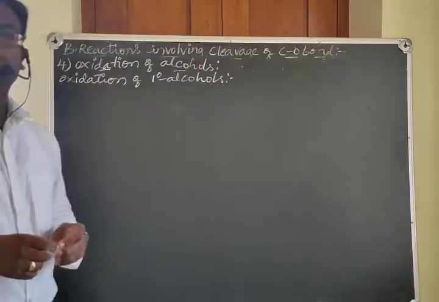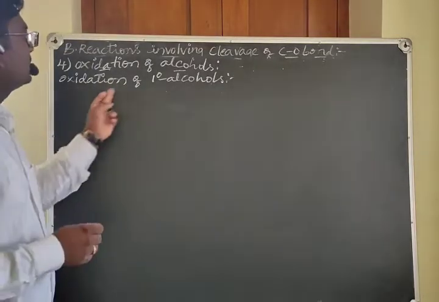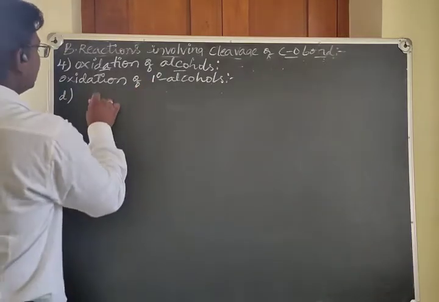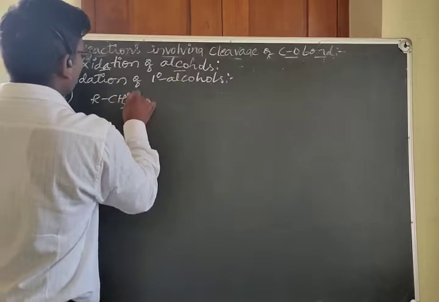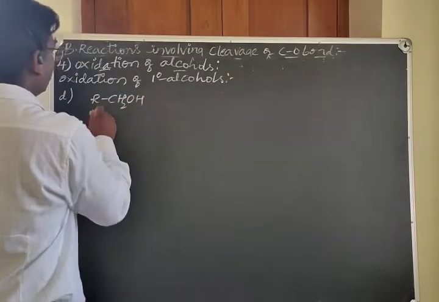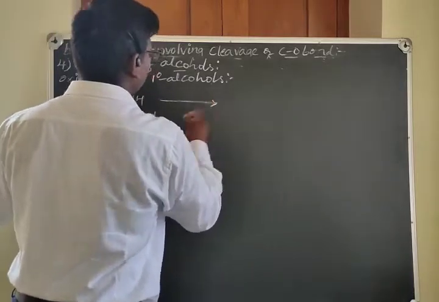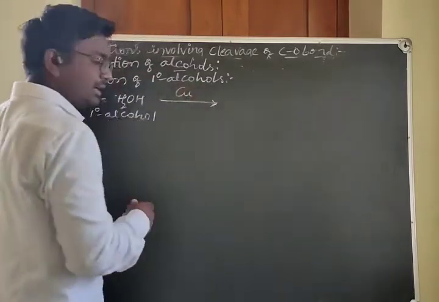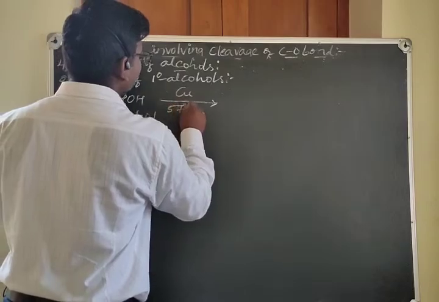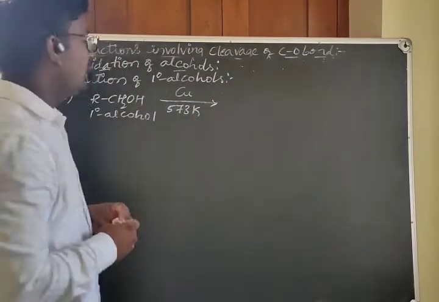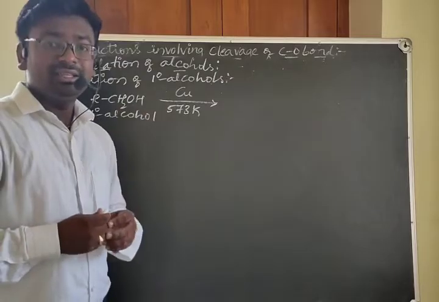Now let us consider one more reaction for oxidation of primary alcohols. That is, when you simply pass the primary alcohols over heated copper at 573 Kelvin. It is a huge temperature, 300 degrees Celsius.